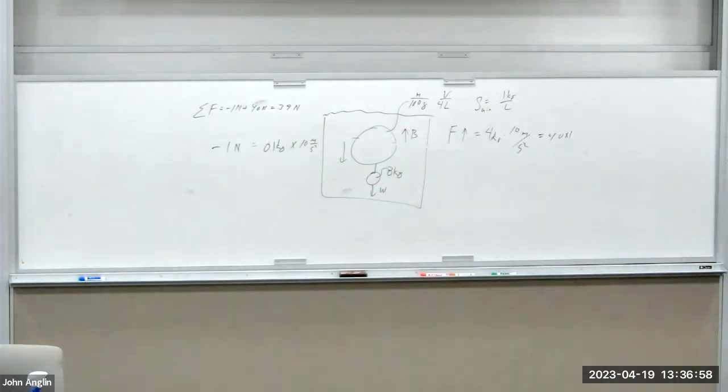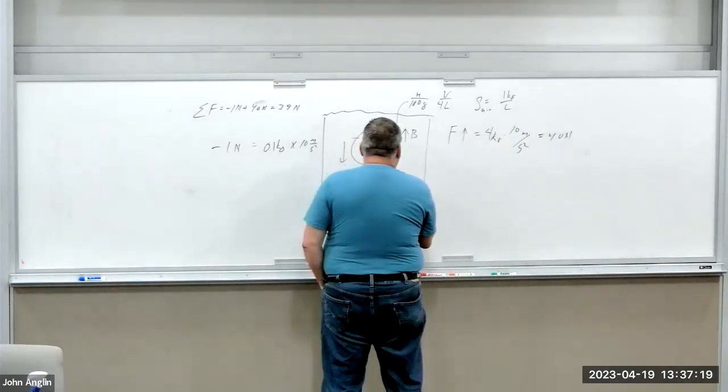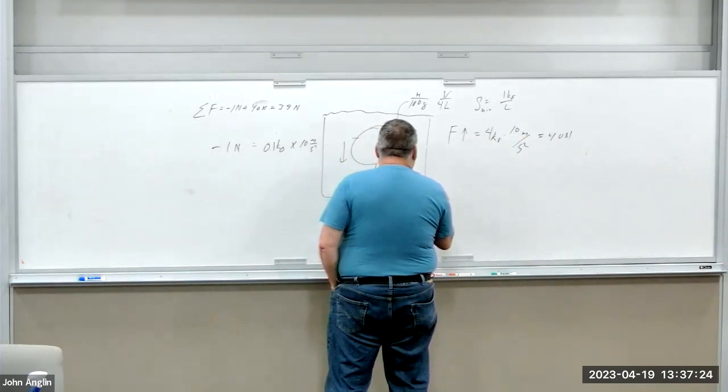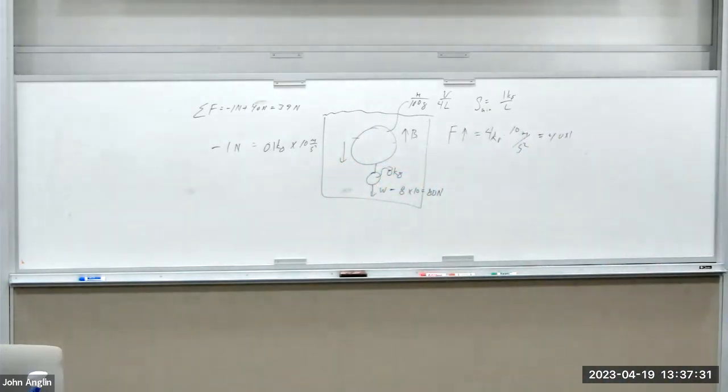Why do I care? Well, let's now look at the bag. The bag of rocks, we know, has mass, right? It has 8 kilograms of mass. So its weight has got to be 8 times the acceleration due to gravity, which is 10. So that's our 80 newtons, our weight force of the bag.